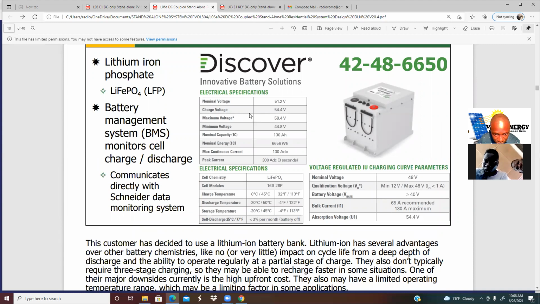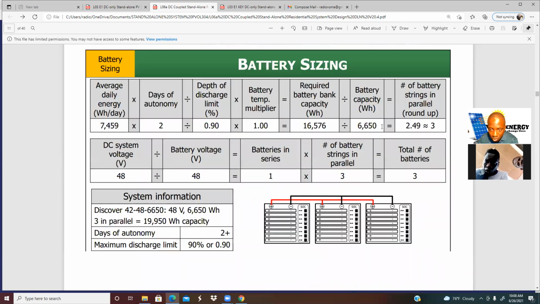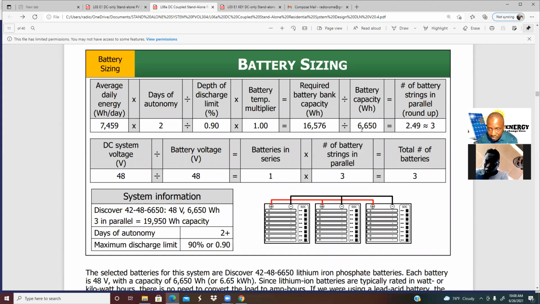The nominal voltage is shown here, and the energy is 6,656 watts hour. So that is why over here they're using it to divide to find how many batteries they need in parallel and string. Number of batteries in string in parallel: 2 batteries. Because it's 2 point something, we can't use half a battery. We have to round it up to 3 batteries.